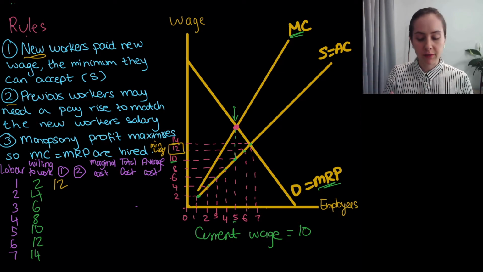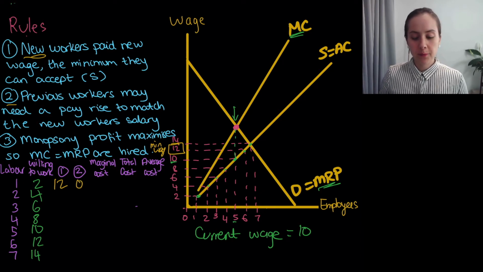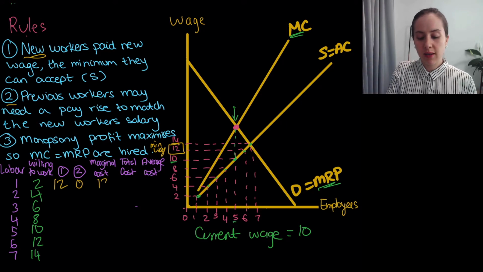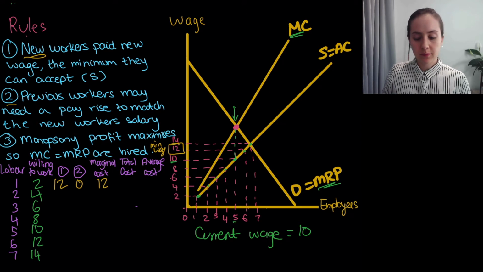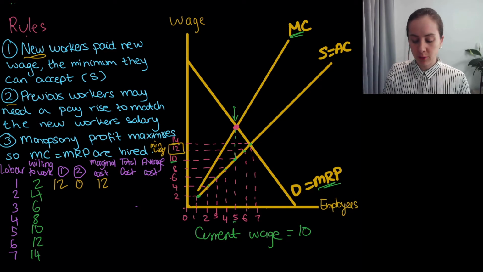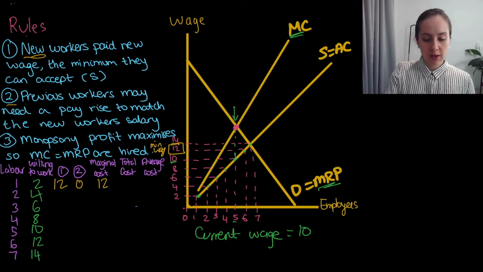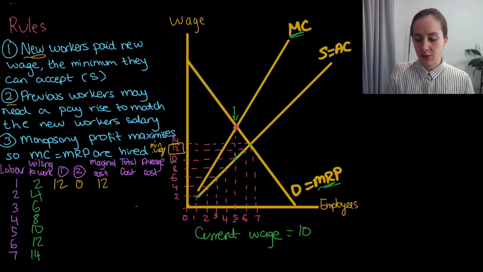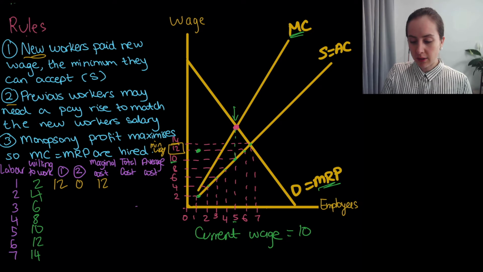And there are no previous employees, so that is 0 for a pay rise. And that means that the total cost of hiring this first person, so the marginal cost to the business, is 12, giving us a marginal cost of 12 of hiring that first worker, which I'm going to draw in green. That first worker is costing the company 12, and there is the dot.